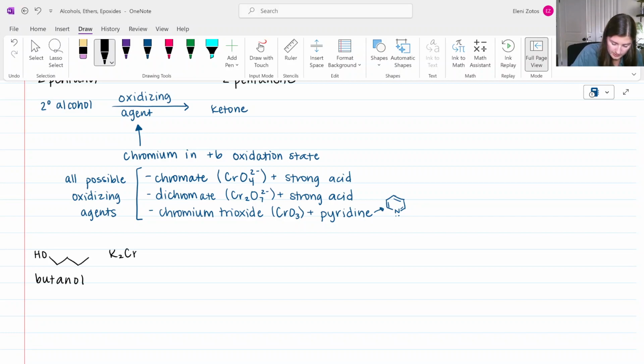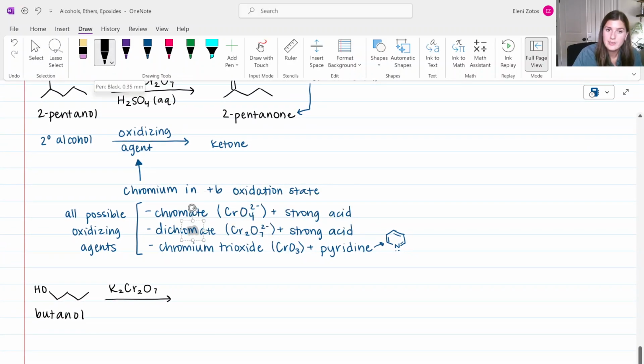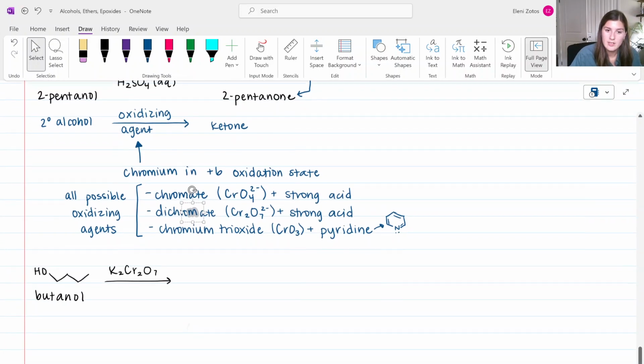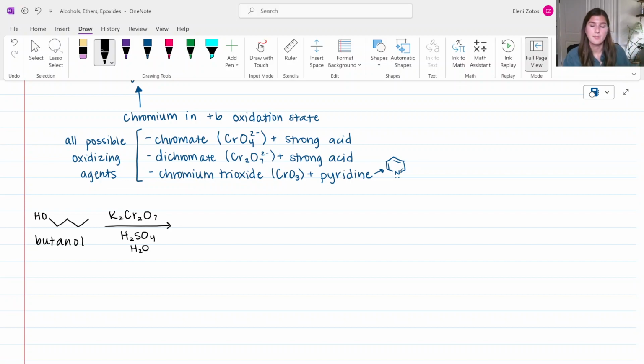So here's potassium dichromate. And then above I wrote H2SO4 in an aqueous solution. Down here, I'm writing the same thing, but just emphasizing that there's water. So we'll write H2SO4 and H2O. It means the same thing as writing H2SO4 and then parentheses aq, which tells us that it's aqueous.